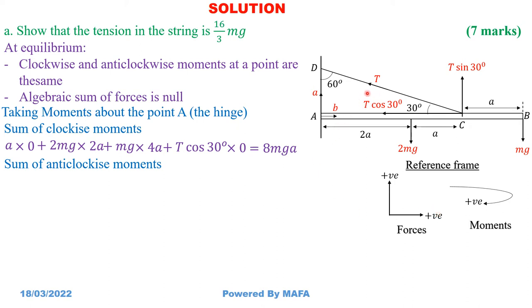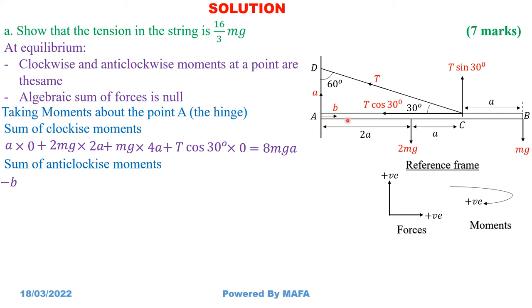So we have this guy, T sine 30 degrees. You see it is causing the beam to go in this direction. All right, so first we have negative B. Remember, it is anti-clockwise moment and B is going towards this direction, meaning B is positive.